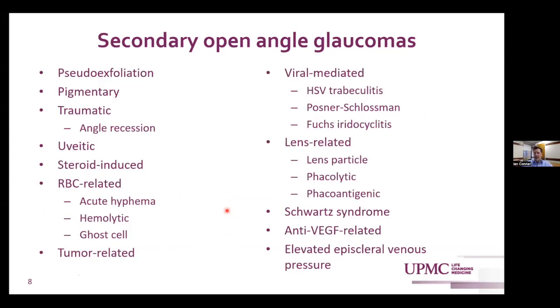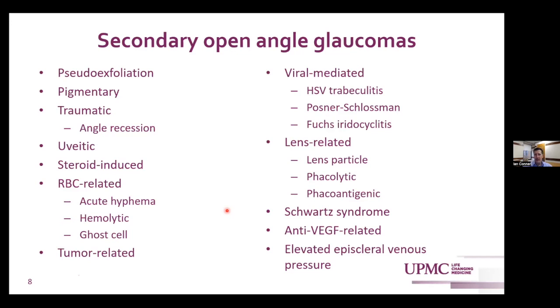So lots of secondary open angle glaucomas, right? So we can't just call everyone a POAG. And even here in Pittsburgh, it's very common for me to have patients referred to me from my colleagues, either in the university or in the wider ophthalmology world, with the diagnosis of POAG, because that is what's common. And yet they have some secondary open angle glaucoma.